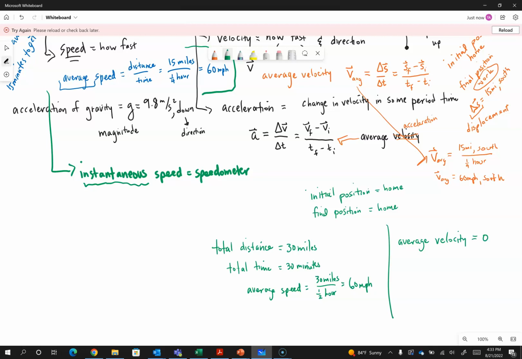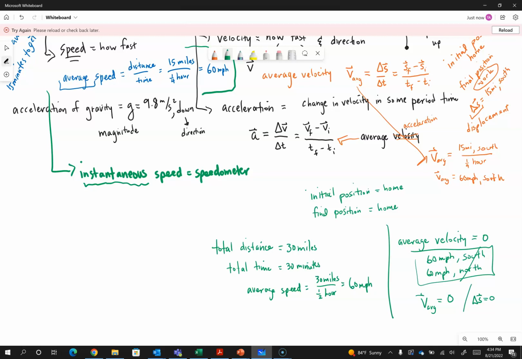But the average velocity would be 0 because the first leg of my trip would have had me traveling 60 miles per hour on average south, whereas heading home, I would have on average been traveling 60 miles per hour north. So these together, those directions cancel. The average velocity is 0 because of the delta S being 0.